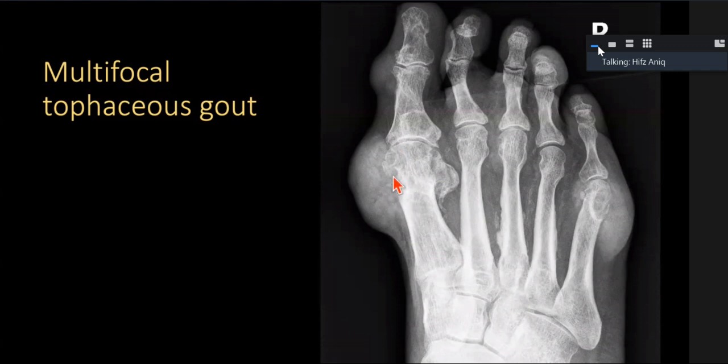Completely opposite, we can see that overhanging edge. This is very typical. Similar thing here, and a big soft tissue swelling and extension here. In AP, if you do the lateral, we may see some erosion on the other side. And another thing here is early erosions in the IP joint. So multifocal gout.